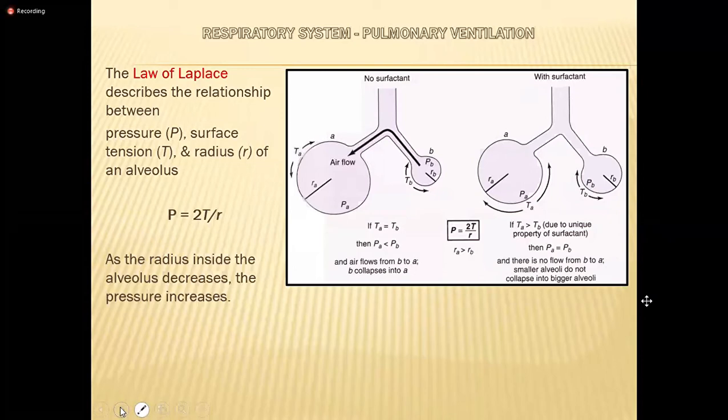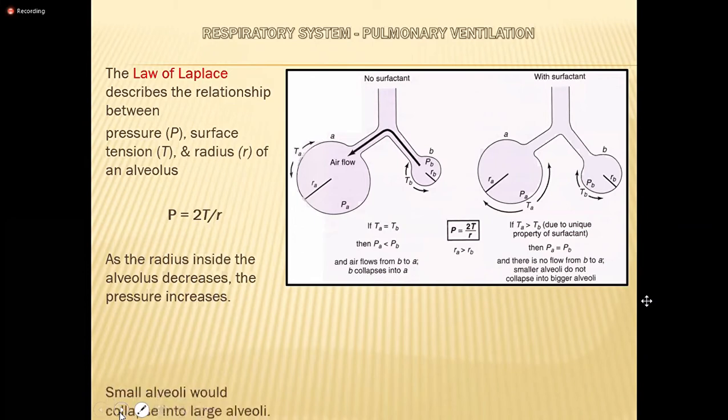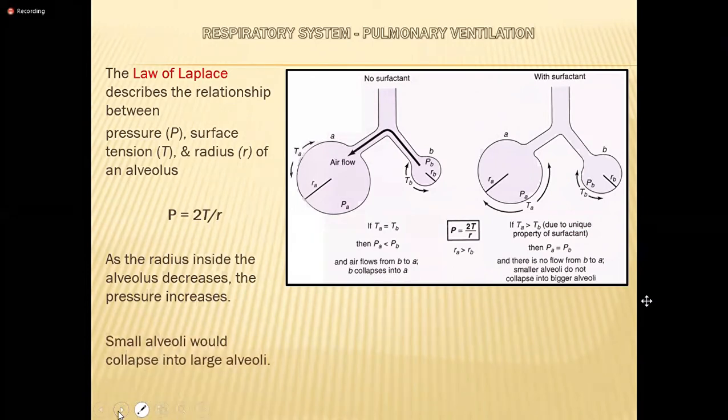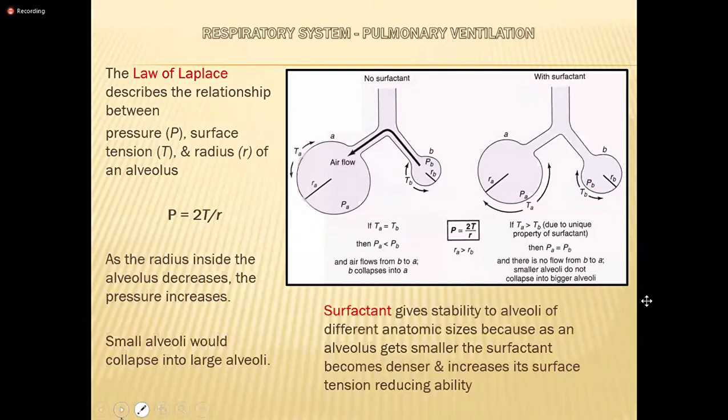As the radius of the alveolus decreases, the pressure increases. Of course, small alveoli would collapse into larger alveoli. So surfactant gives stability to alveoli of different anatomic sizes. Because as an alveolus gets smaller, the surfactant becomes denser and will increase the stability of the alveolus.